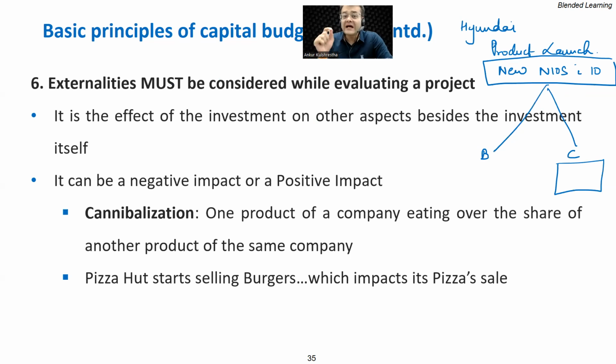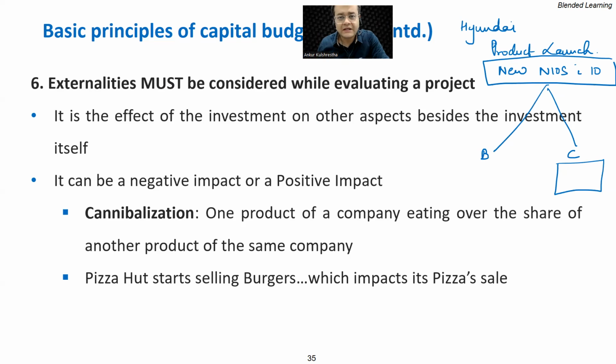All of these will be the explicit costs related to the project, the Nios i10, to be launched or not. But hey, there will be an indirect cost also that Hyundai will have to bear. What is that? It is the loss that may happen on other product sales, which will go down because people will now be excited to buy a Nios i10.